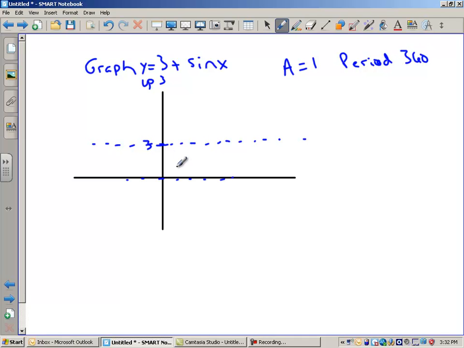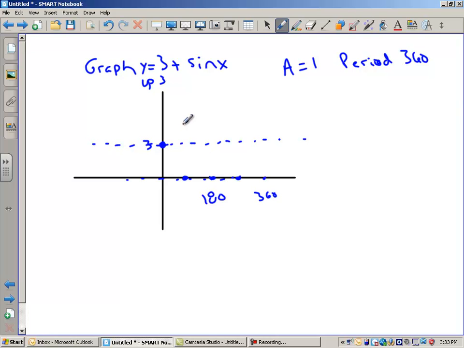So I'm still going to have on the x-axis 90, 180, 270, and 360. I'll just label a couple of those. My amplitude is still 1, and amplitude is how far we go up or down from the sinusoidal axis. Now sine usually starts at the middle and then goes up and then down and then back up. So now our new middle is 3. And so at 0, I'm going to be up here at 3.